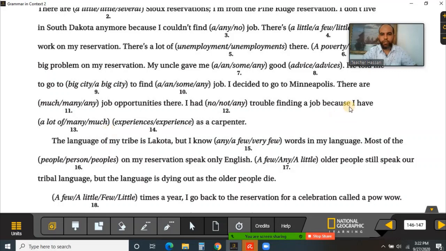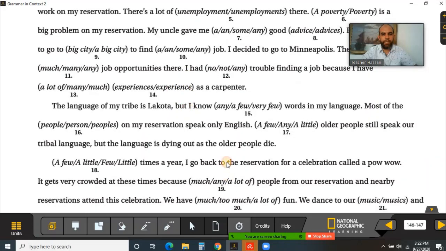Now, if this sentence were negative, we can use much. I didn't have much experience. But because it is affirmative or positive, we have to pick a lot of experience. Okay, and many doesn't work, of course, because experience is uncountable, as I mentioned before.